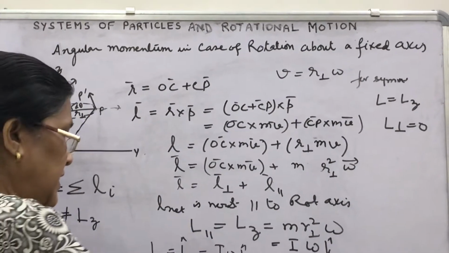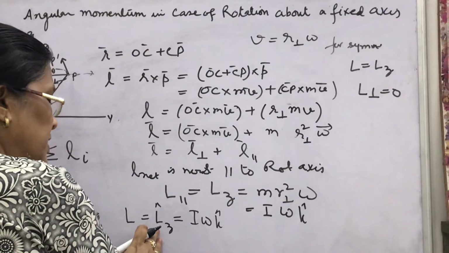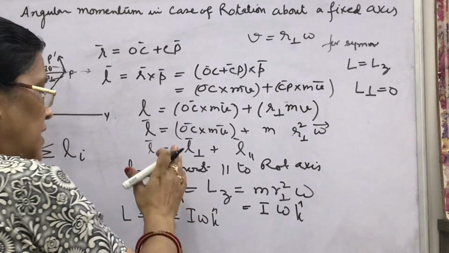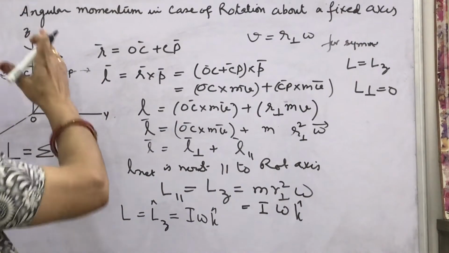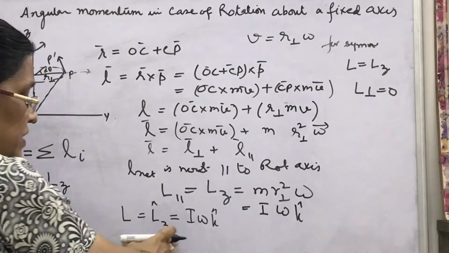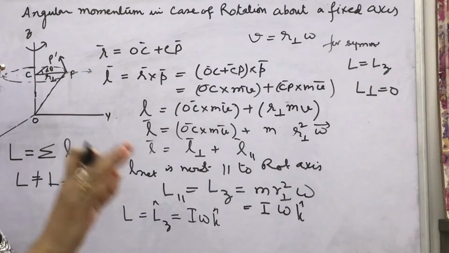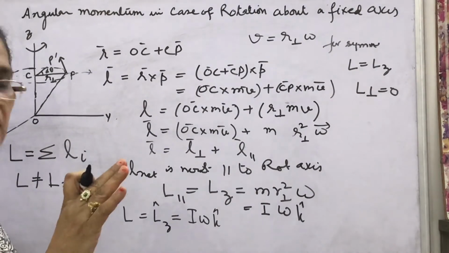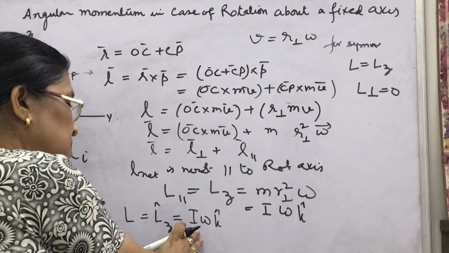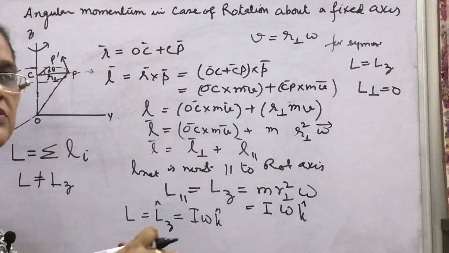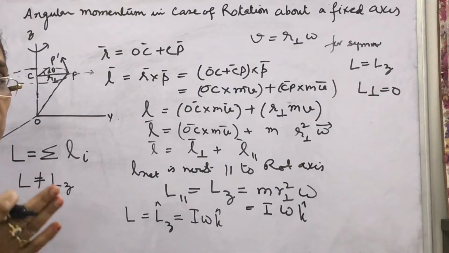Angular momentum's direction and omega are both along the axis of rotation, so we consider this formula for an object symmetric about a fixed axis of rotation, and this is applied also in the conservation of momentum.